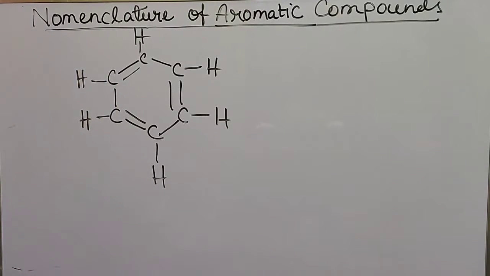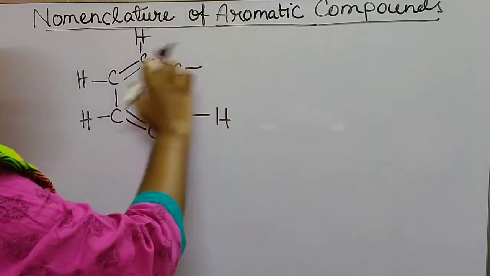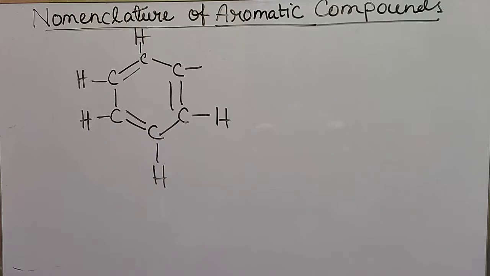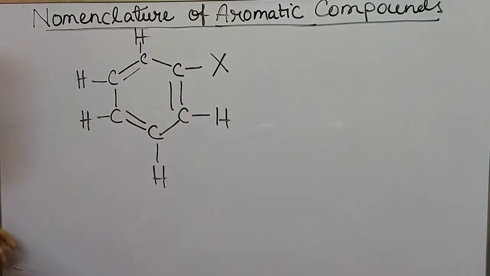So what is meant by monosubstituted? If one hydrogen atom from any position, because all the carbons are equivalent, is substituted by any other group, suppose group X, then it is called monosubstituted.